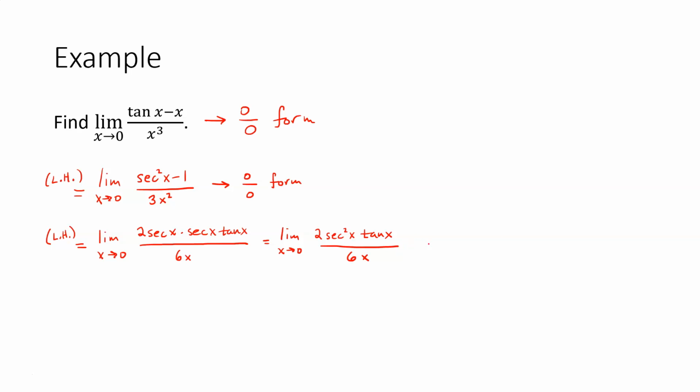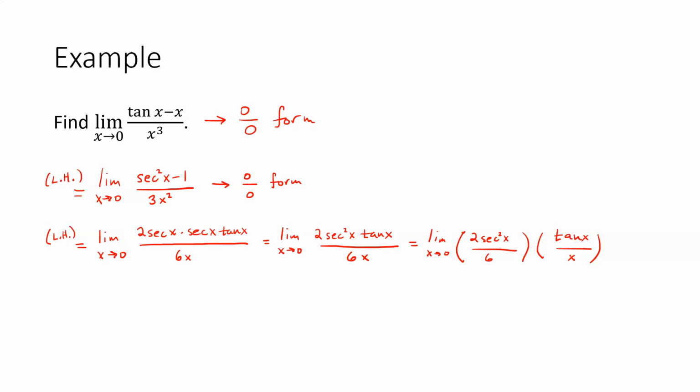But if you're a little bit tricky, what you might notice is that I could section off some of this stuff here. Because if I look at tan separately from this stuff here, well, tan is actually sine over cosine.